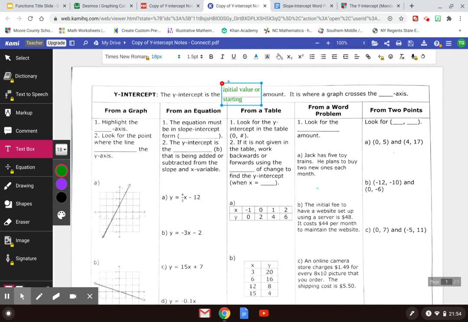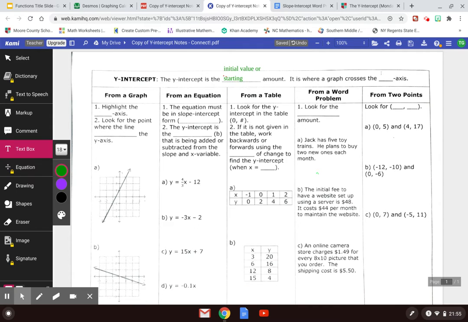Okay, so that's what your y-intercept is. It's the initial value or the starting amount, and it is where the graph crosses the y-axis. Okay, so this is something that every function we learn is going to have. Every function is going to have a y-intercept, a point where it crosses the y-axis.